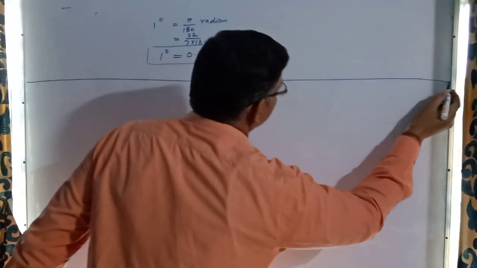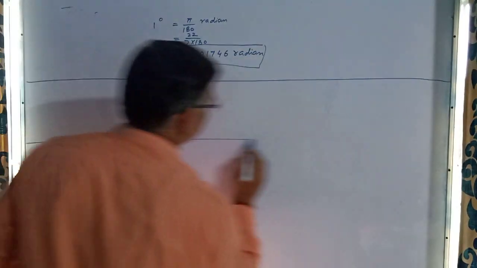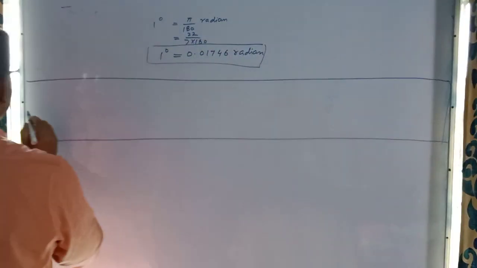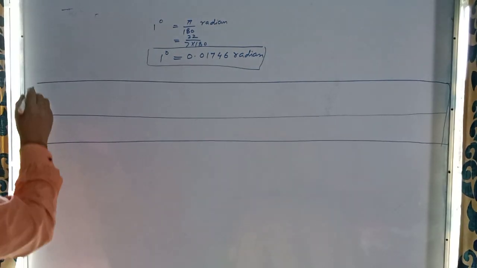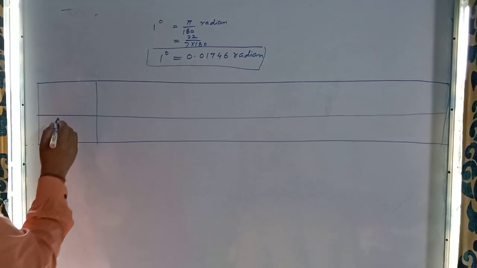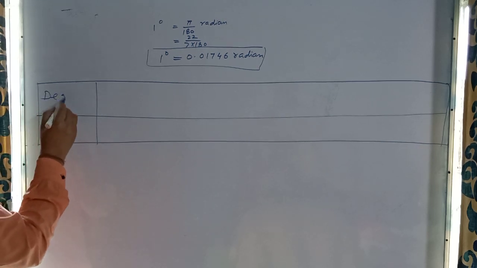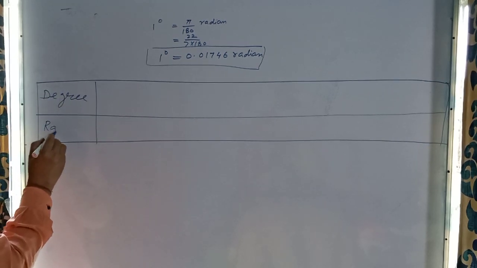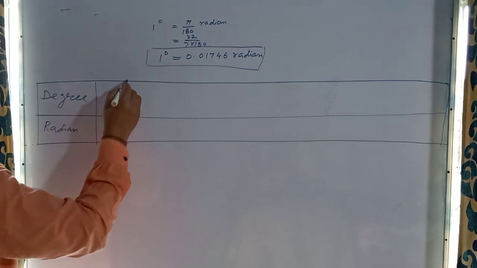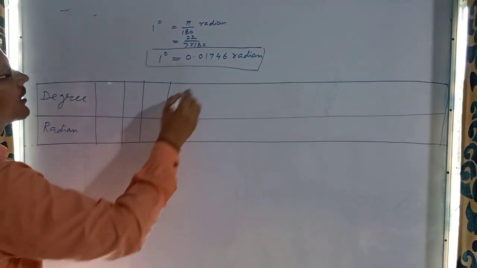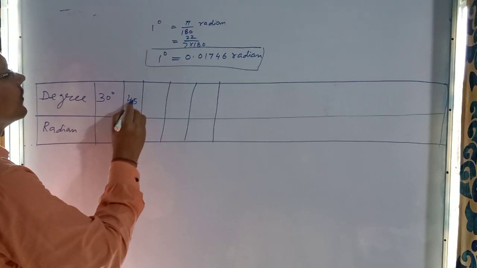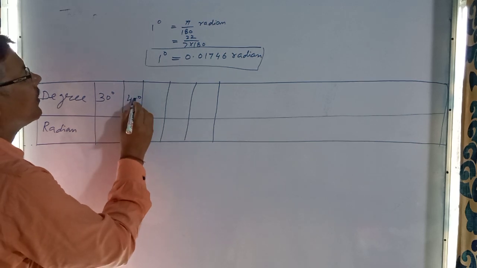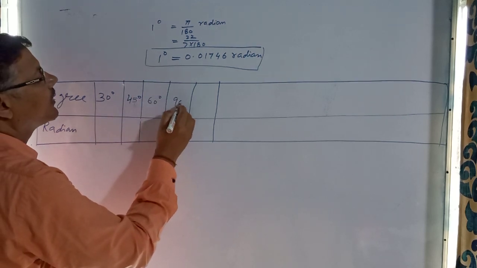In case when we want to change, then we multiply it by, so I am writing the angles starting from here, that is degree and it is radian. Angles of class 10 are very similar, that is 30 degree, 45, 60, 90.